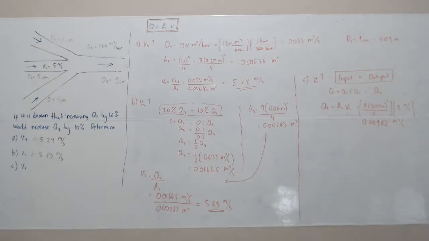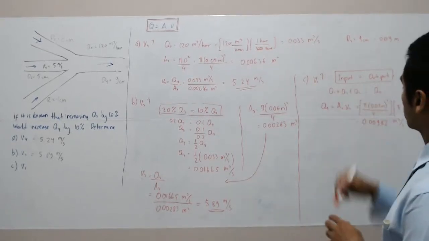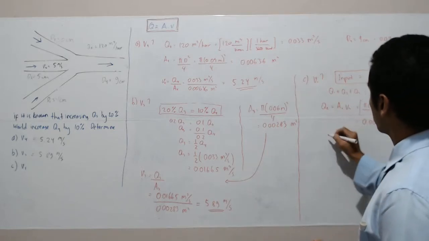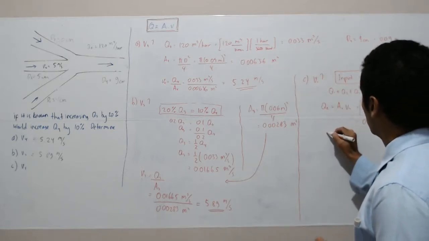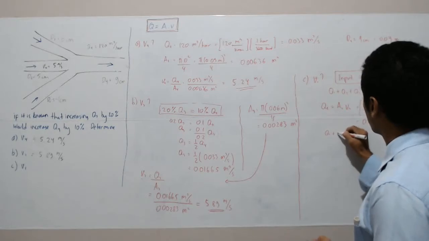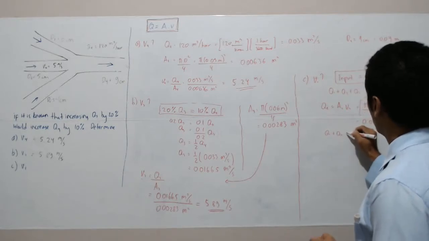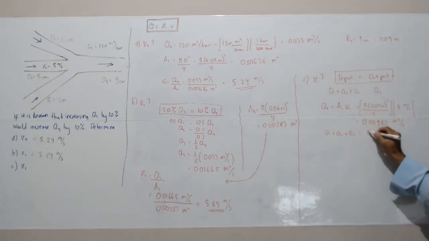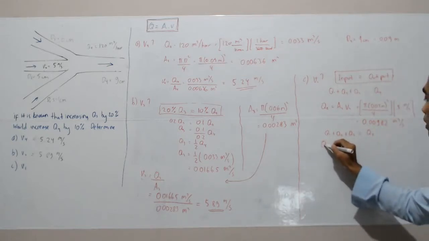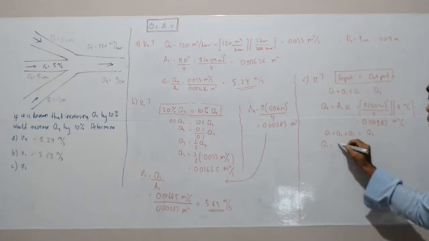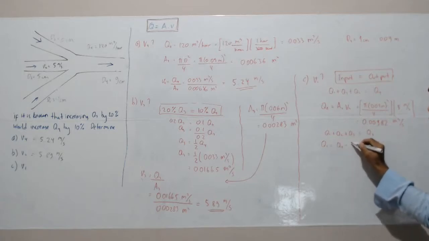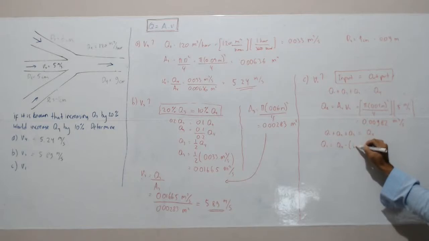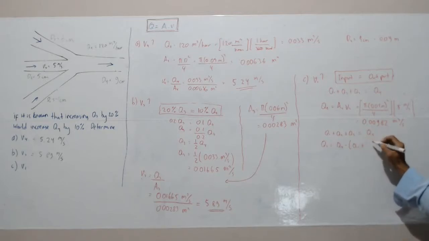Now we have all the information for the flow rate. Let's write down the equation again. Q1 plus Q2 plus Q3 is equal to Q4. Now Q1 is equal to Q4 minus parentheses Q2 plus Q3.